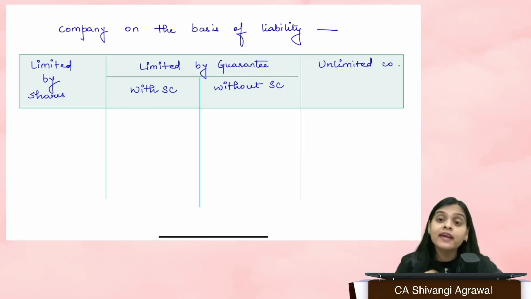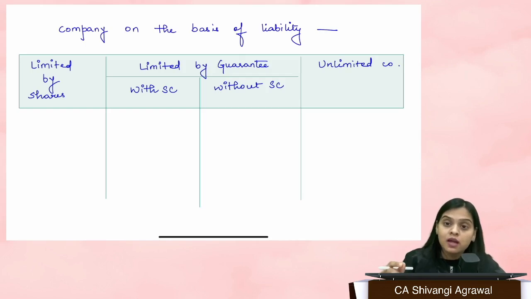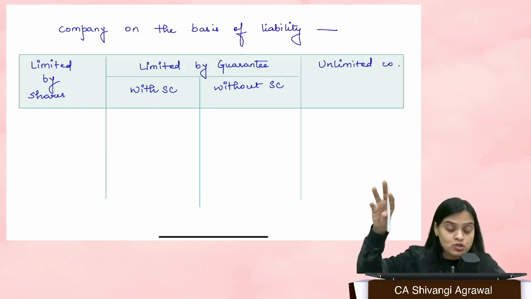So if I have agreed to take 100 shares at the rate of 100 each and I have only paid 50 per share, then my liability is limited to the amount 50 per share, because the paid amount is 50 and the unpaid amount is 50, and my liability will be limited to the unpaid amount only.